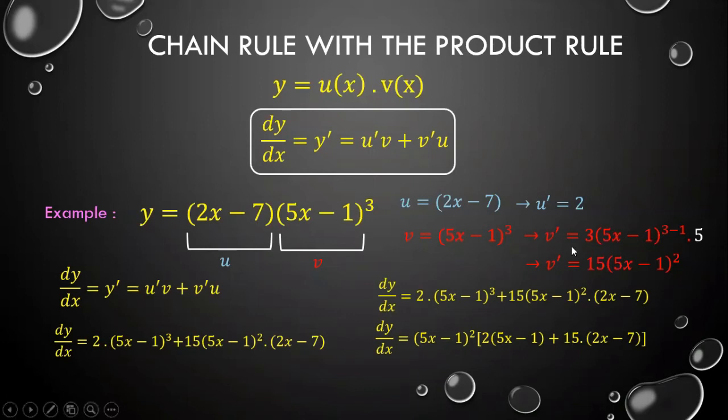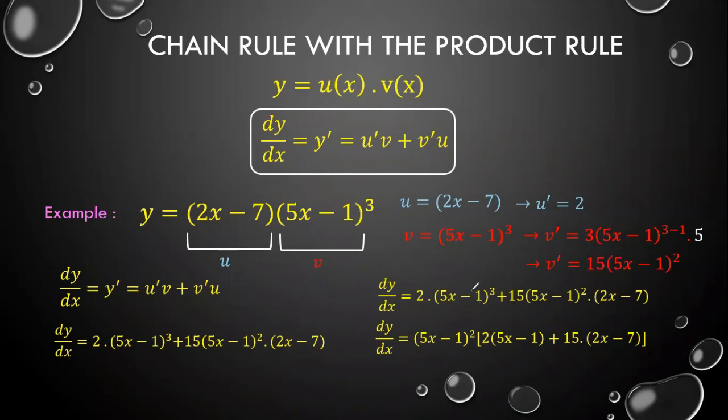Okay, students, we can continue. So dy over dx equals 2 times 5x minus 1 cubed plus 15 times 5x minus 1 squared times 2x minus 7. Okay, students, our job is to simplify this equation. Listen, students, you can check here.